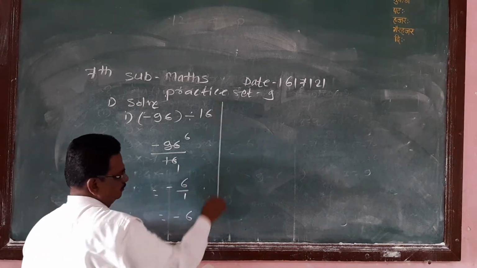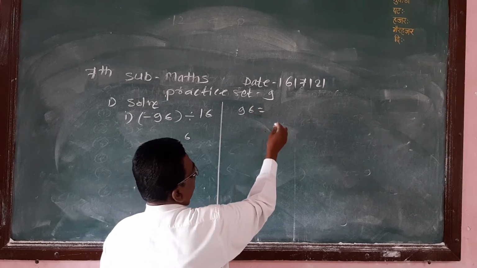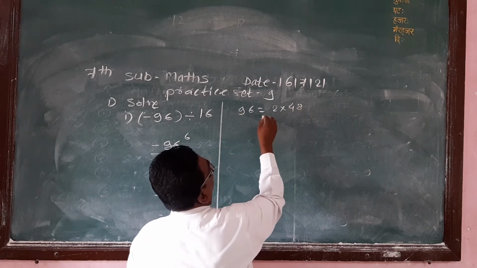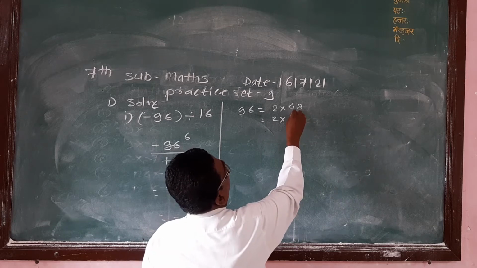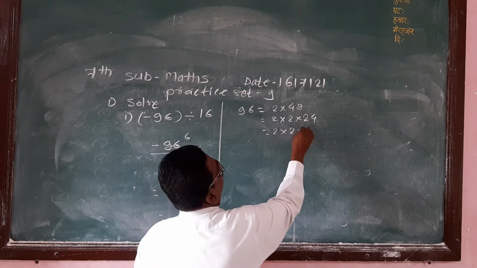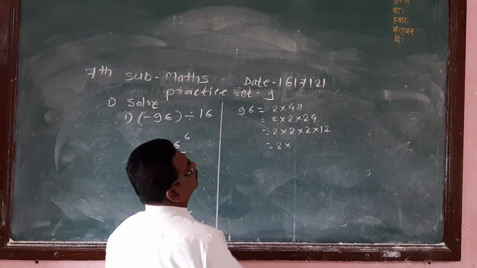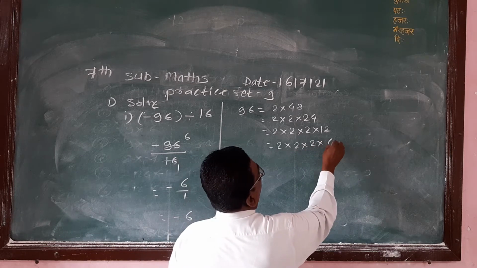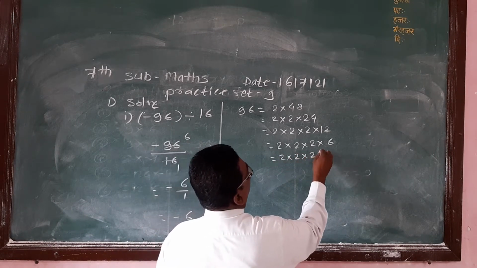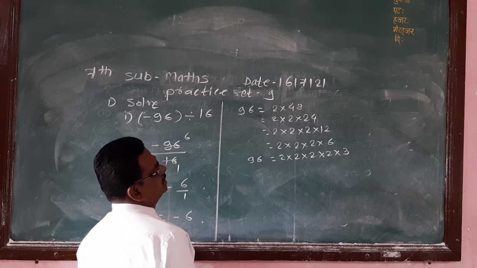Other way: 96 is equal to 2 into 48, is equal to 2 into 2 into 24, is equal to 2 into 2 into 2 into 12, is equal to 2 into 2 into 2 into 2 into 6, is equal to 2 into 2 into 2 into 2 into 2 into 3.